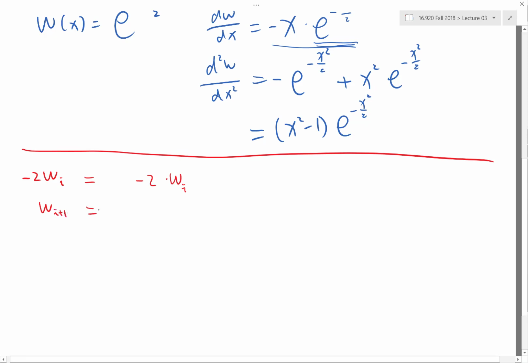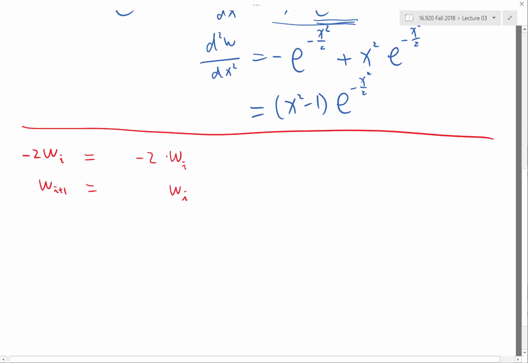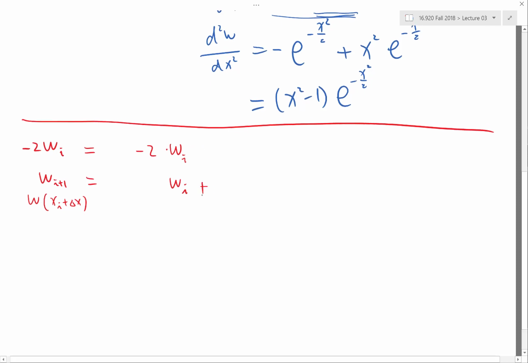w_{i+1} is equal to w_i, the value of w at i times delta x. Remember that's shorthand for w at x_i, which is i times delta x, plus delta x. Using this for the Taylor series expansion, we have more terms.